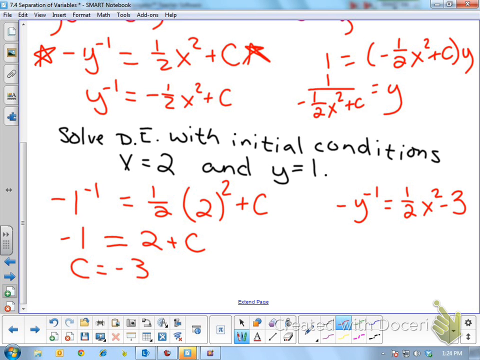So these are the easiest versions where it's easy to see what I can add and what I can multiply. There are some more difficult versions.